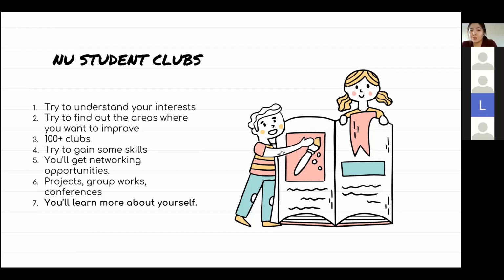So it's really important to try different things in order to understand what you really want from this life, because when you graduate from school, you usually don't know where you belong.